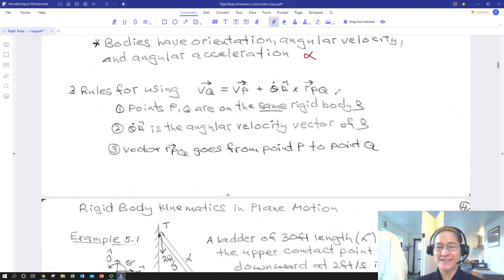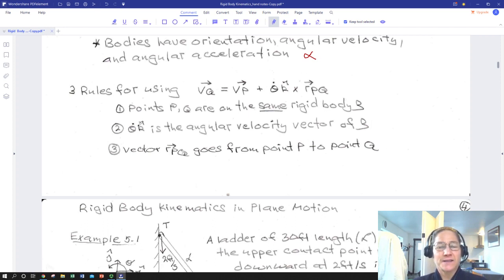They're moving in lockstep. That total distance between R and P was a constant because they're on the same rigid body. If you're working with maybe a relative reference frame system where you've got multiple rigid bodies, that is not necessarily going to be the case. So don't try to apply this with a point Q on body 2 to a point P on body 1, or it's totally invalid and you'll get the wrong answer.